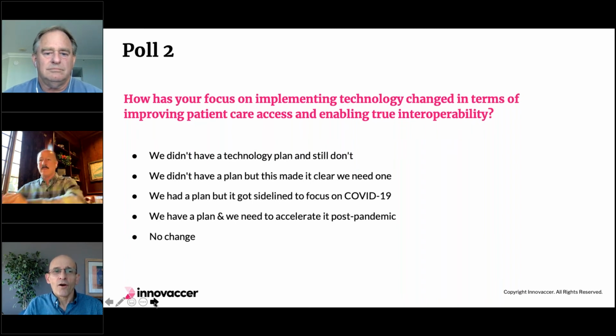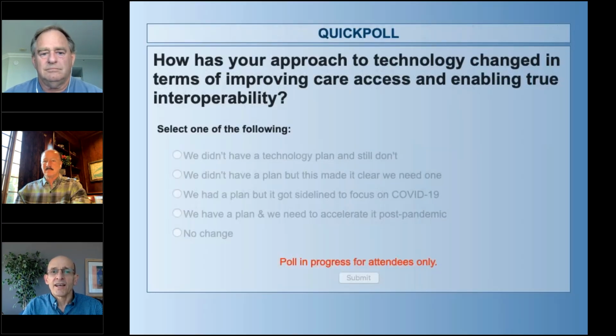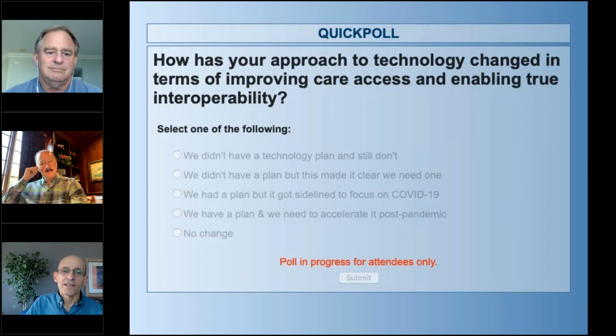How has your focus within your organization changed in terms of improving patient access and enabling true interoperability? Either you don't have a plan right now to leverage these new CMS rules, you're still learning about them, you've made a plan but haven't really got it clear yet, we've made a plan and we've had to sideline it because COVID happened, and that's happened to a number of people, or we have a plan and we need to accelerate it very quickly post-pandemic.